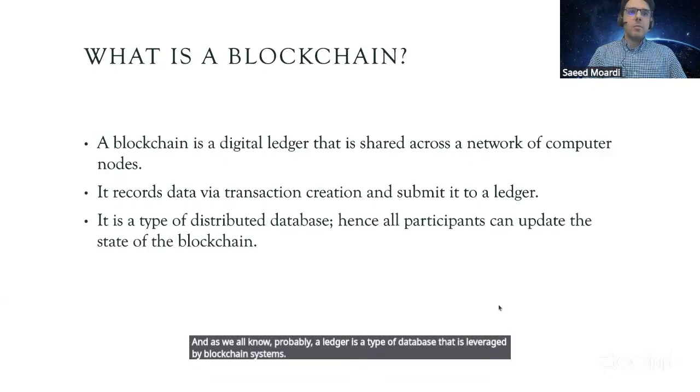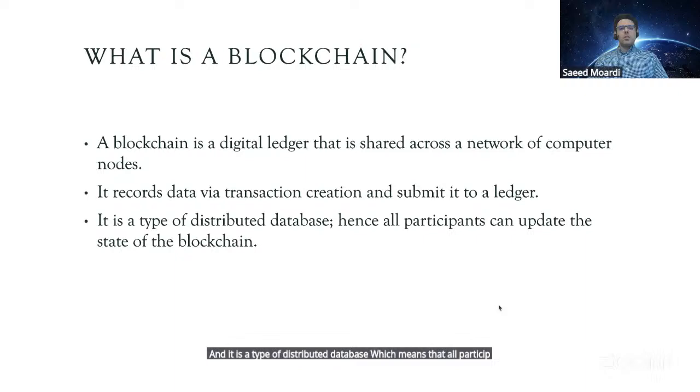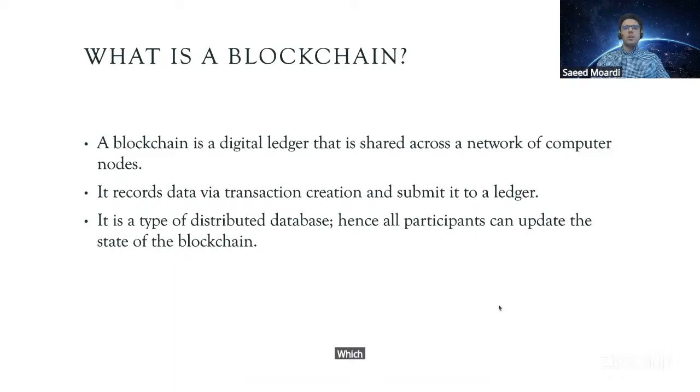It is a type of distributed database, which means that all participants can update the state of the blockchain. Because not one single entity owns the database, everyone can contribute to adding data to the database of the blockchain, which ultimately will change or update the state of the blockchain.